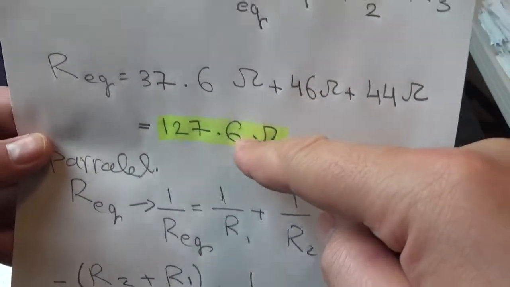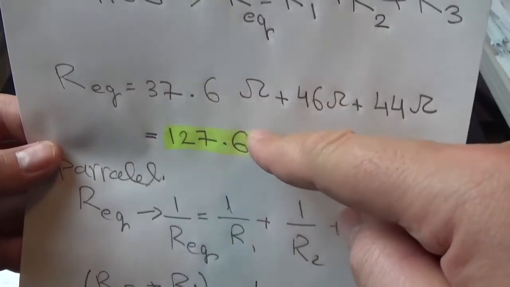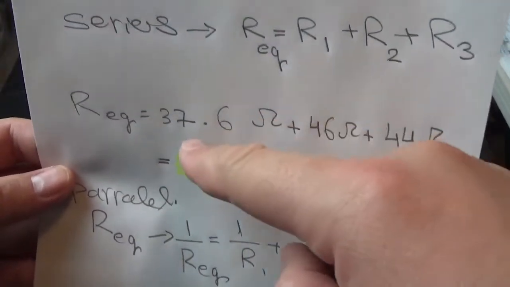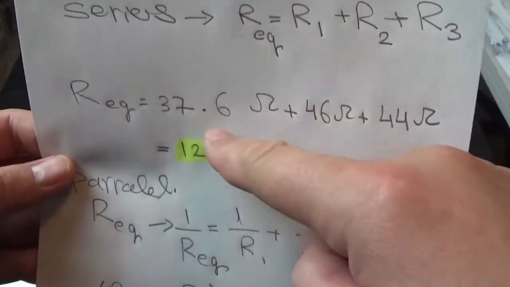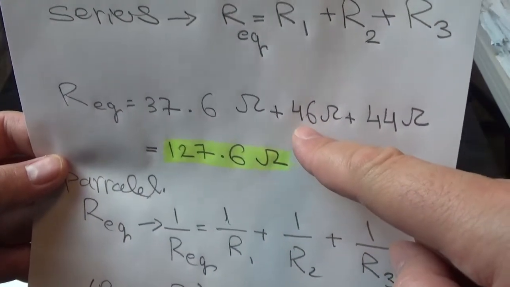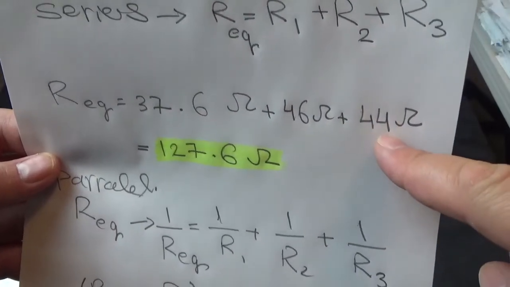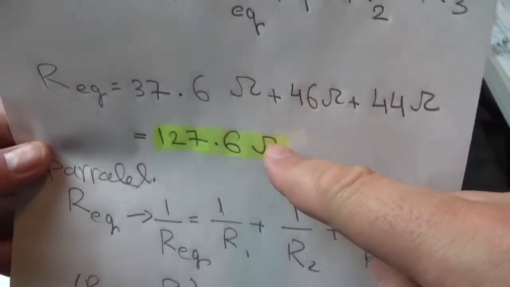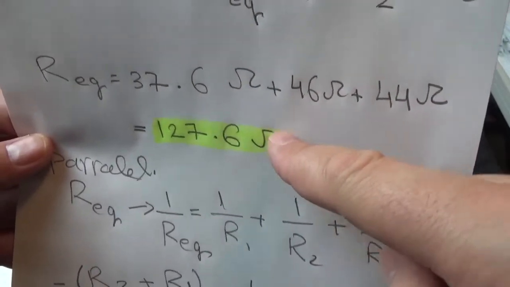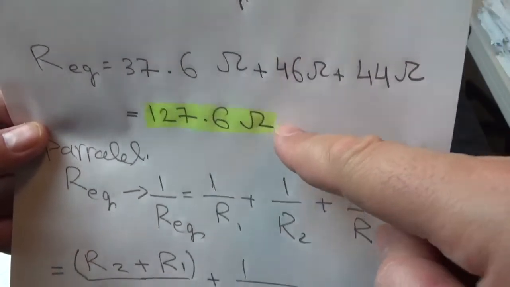So we should have 127.6 ohms. As we measured earlier, R1 is equal to 37.6, R2 is 46, R3 is 44 ohms. Let's now double check and see experimentally if we can get this number.